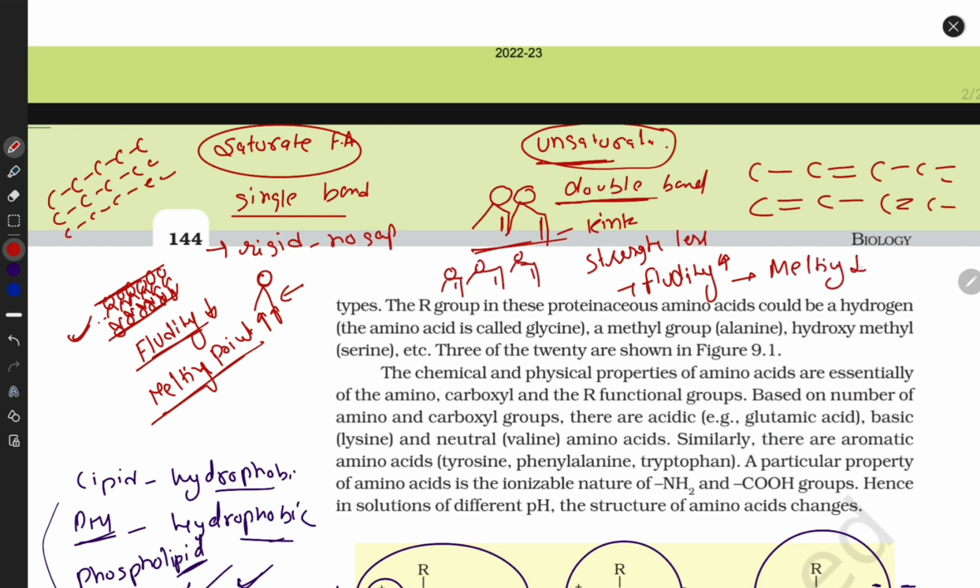So melting point is very low. If I give a little temperature, they can break. But here the bonding is very tight; with low temperature they don't break, only with high temperature. Here fluidity is high and anyone can cross them.